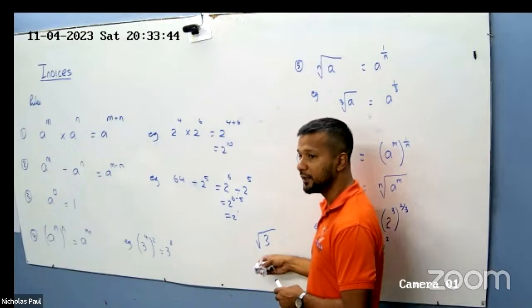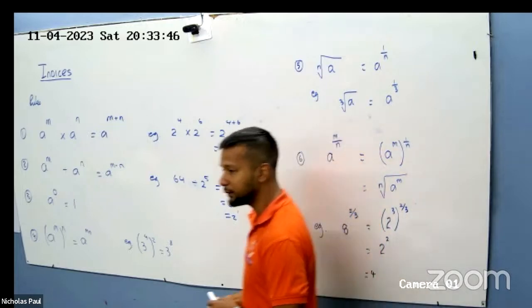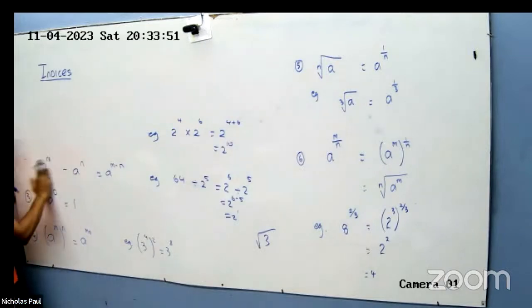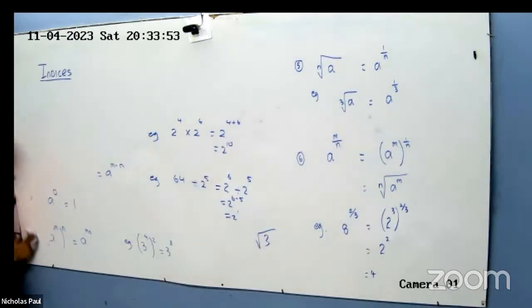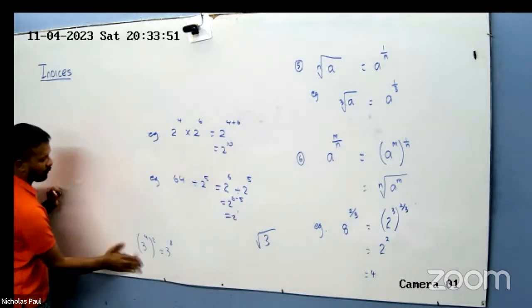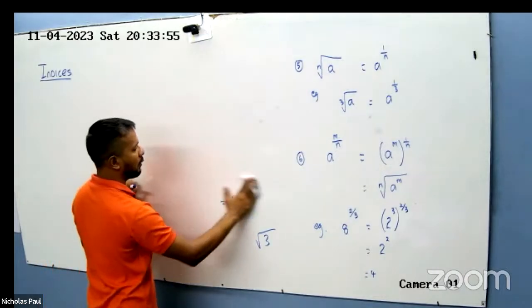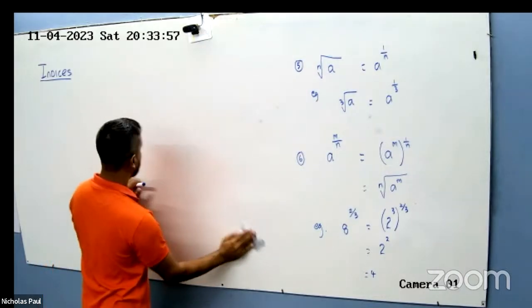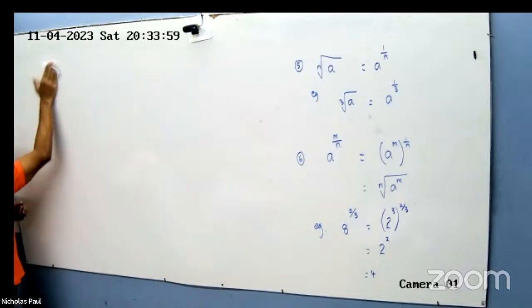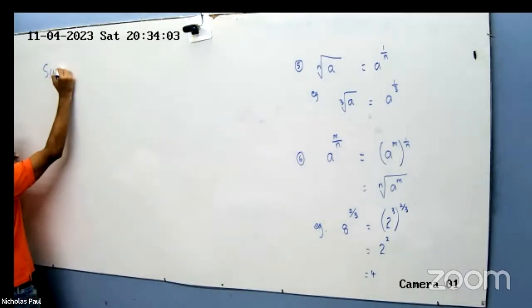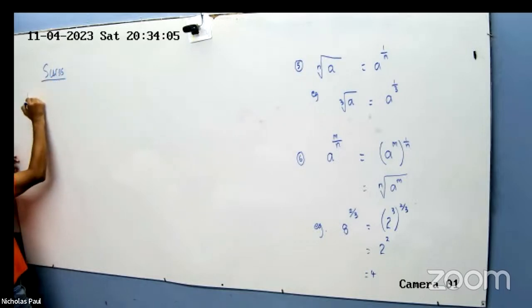Surds belong to irrational numbers. All right, so let's take a look at surds. Surds have some rules as well.